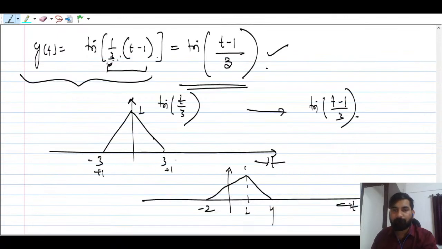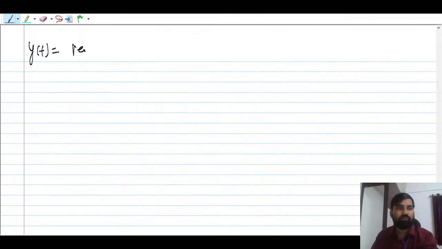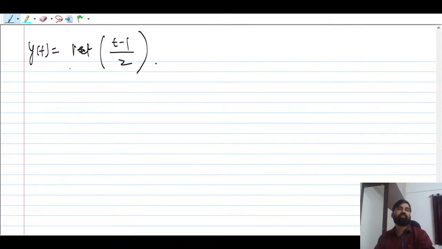Whenever, suppose, let me take one more question. In case of rectangle, you can say rectangular (t minus 1) by 2. So can you plot this? You will say yes sir.